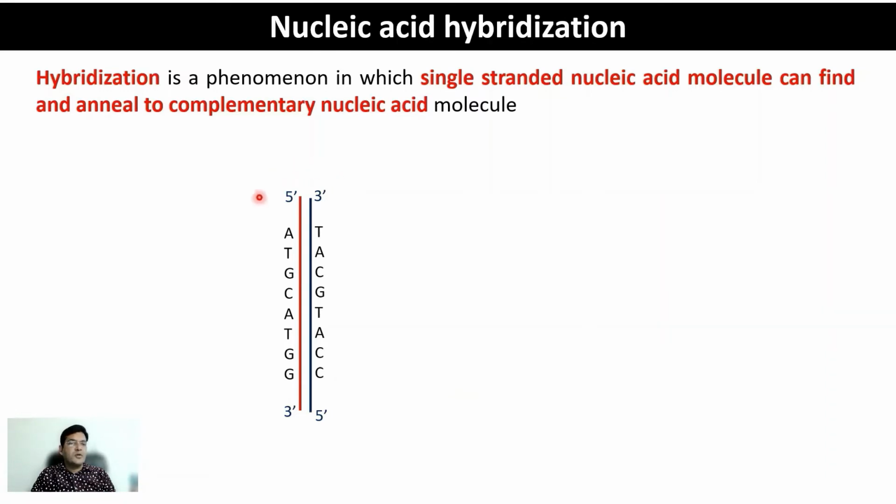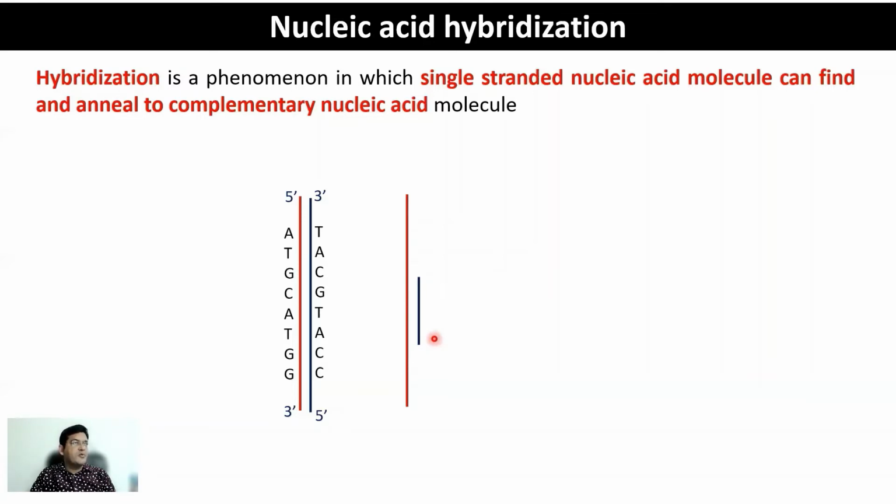The other important thing here is that the two strands need not be of the same length. You could have one very long DNA strand and the other strand, which is complementary, could be very short, and it would still be able to scan through the longer DNA, find its region of complementarity, and hybridize by forming hydrogen bonds. And it's something that regularly happens when you do your polymerase chain reaction.